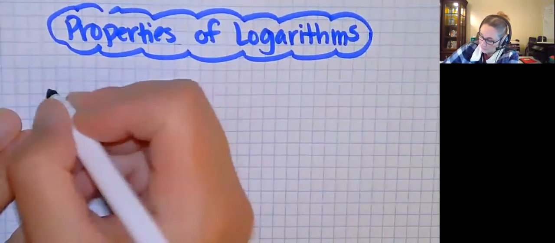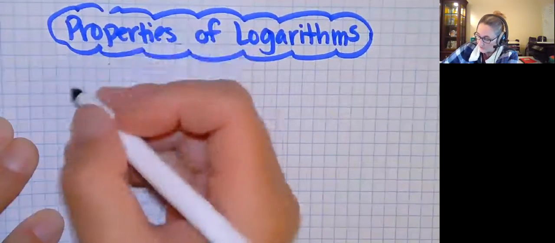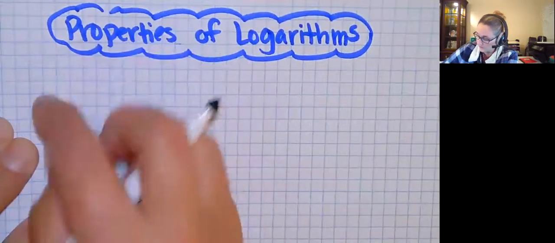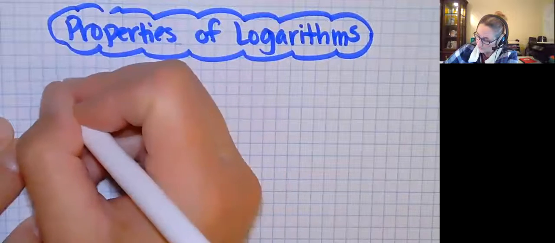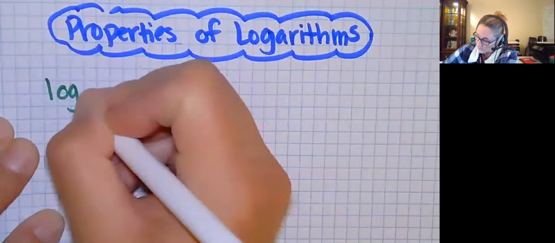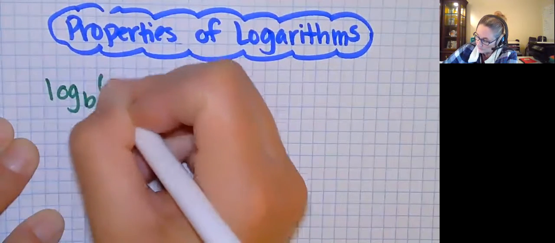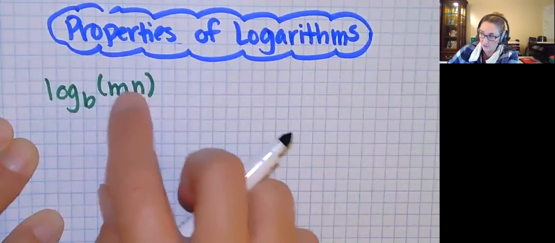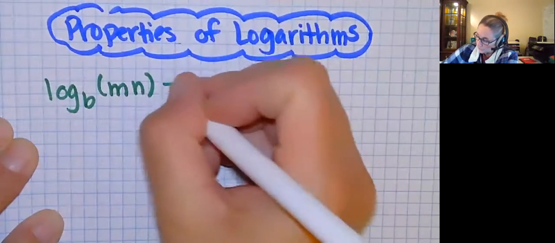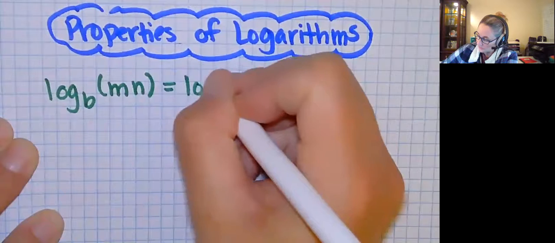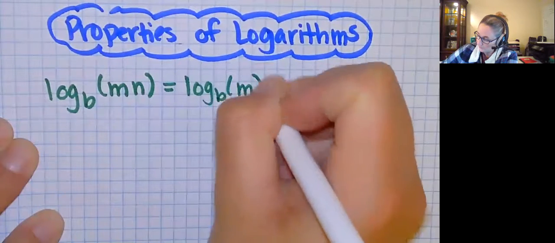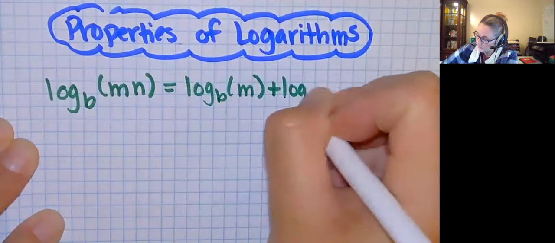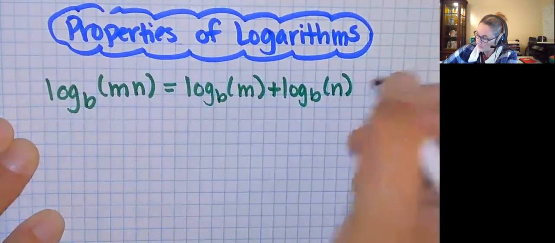So the first one is our product property for logs. If you have log, let's say base b of m times n, where you're taking log of a product, you can rewrite this as log base b of m plus log base b of n.